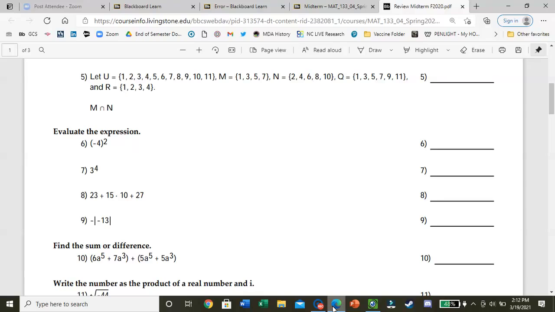And the universal set is even different, and we don't need it for this one, so I'm just going to erase it.